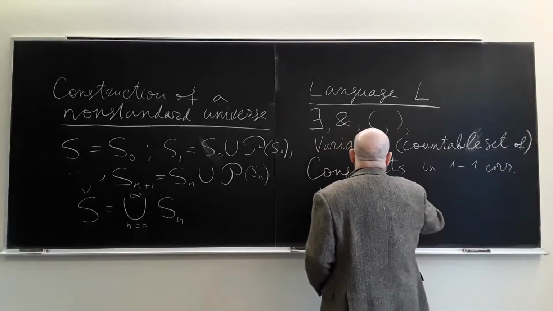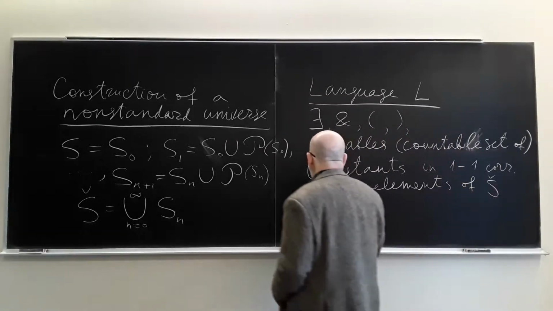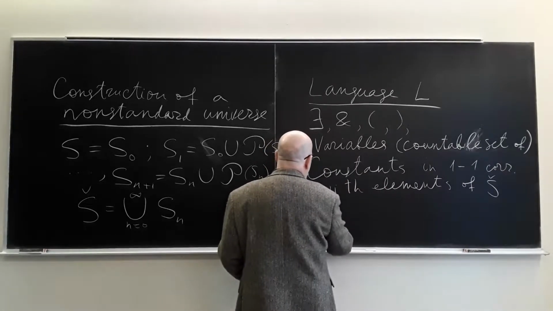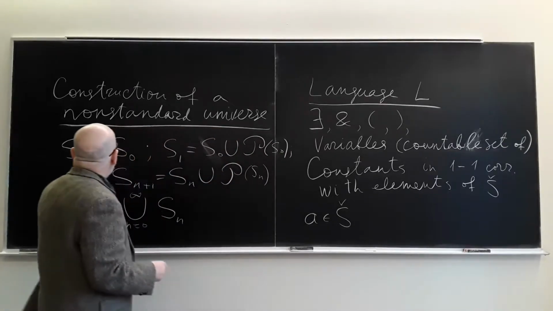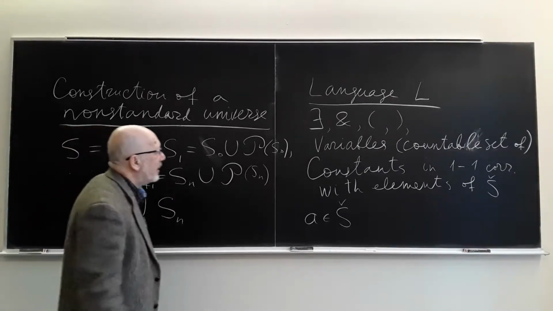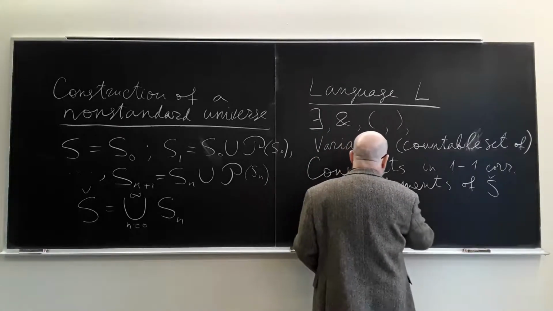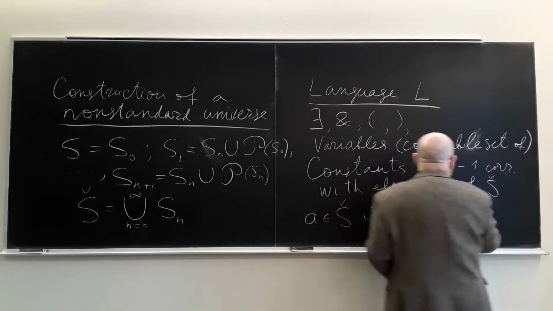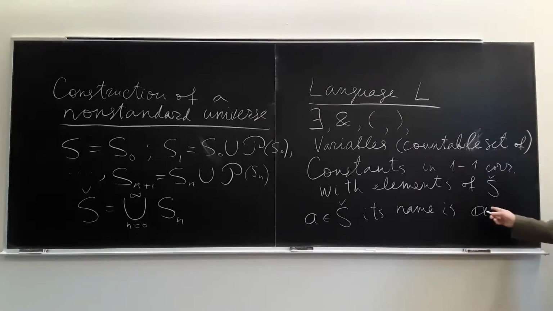So if you have some element A in S check, either an individual from S0 or any set from other levels, then its name is, say, boldface A. So we have to distinguish.